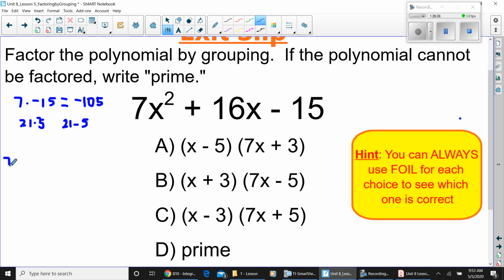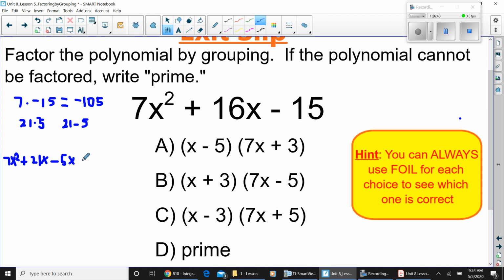So I am just going to put down 7x squared. Again, I just looked at it, and I knew that 5 went in, and I just took my calculator, divided it by 5, and I knew that 21 times negative 5 equals negative 105 and adds to 16x.